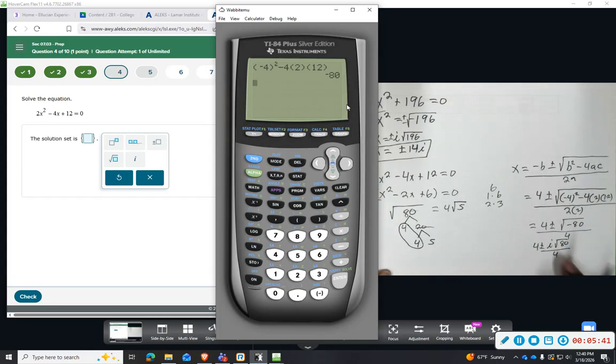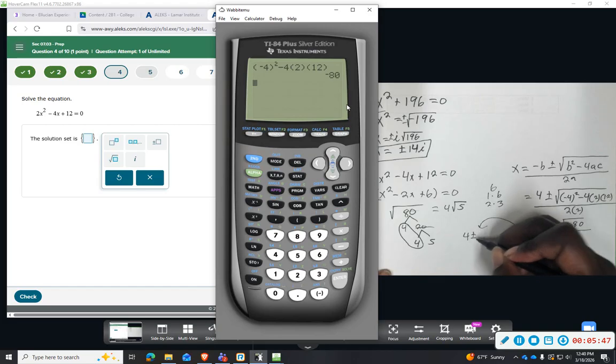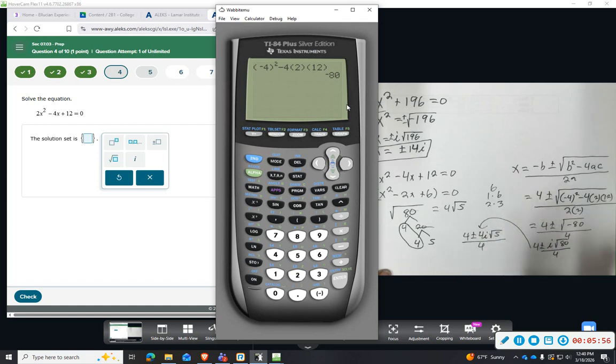Okay, so I'm going to replace that here. So we have 4 plus or minus 4i square root of 5, all divided by 4. So now this 4, all of them divisible by 4, I'll divide by 4, and then that will leave us with 1 plus or minus i square root of 5, imaginary square root of 5.